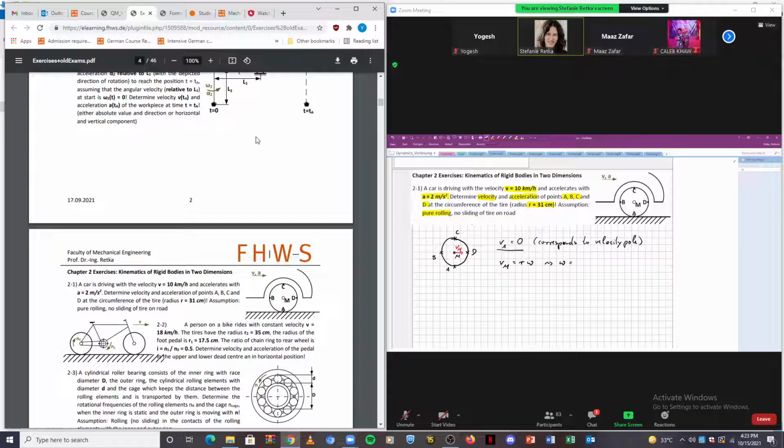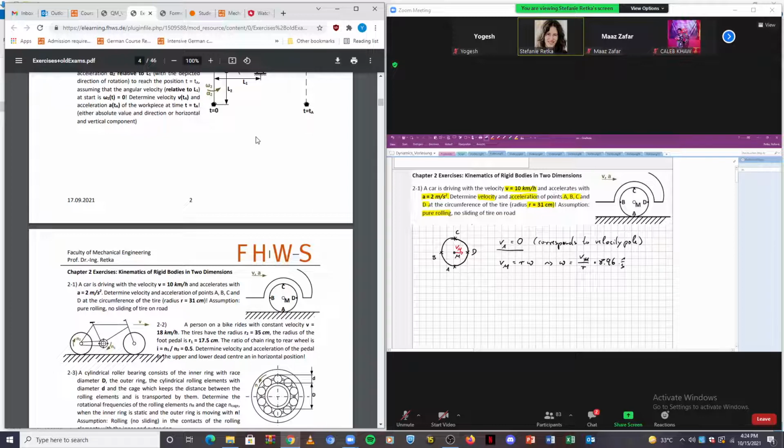So what we want to do is Vm over R. With 0.31, that should be 8.96. Yeah, thanks. 8.96 per second. So that's our angular velocity.